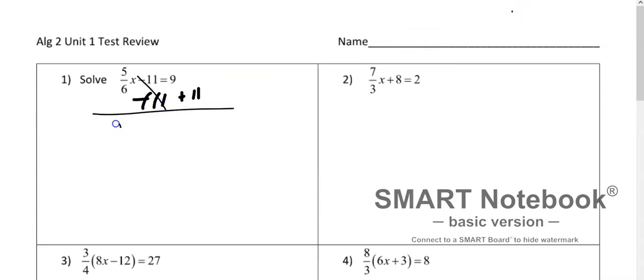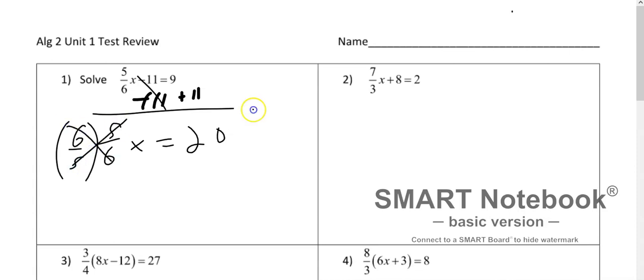That cancels. I have 5/6 x equals 11 plus 9, 20. Now, the way to undo being multiplied by a fraction is multiply by the reciprocal, because they cancel each other out. There's two ways to go about this. If you have a calculator, it's not that big of a deal.